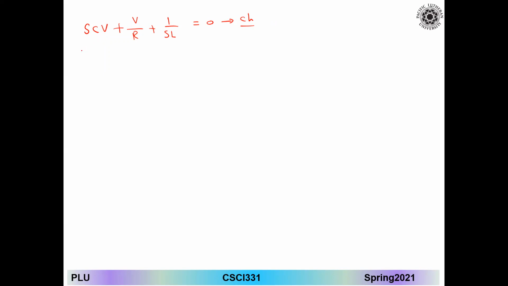So I end up with the equation here: LC S squared plus L over R times S. I multiply the equation by SL, times LS plus 1, and this is the entire thing times V. Any question with that?